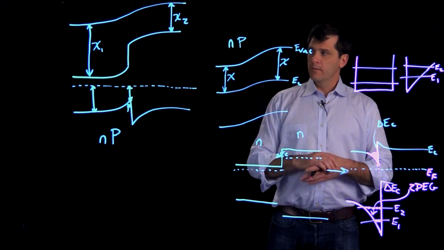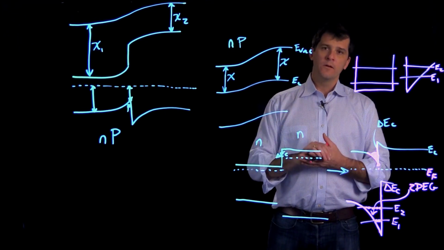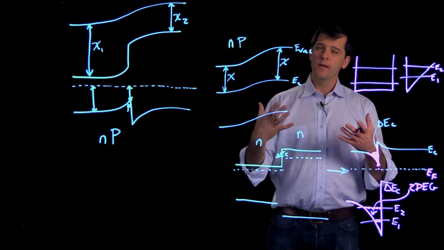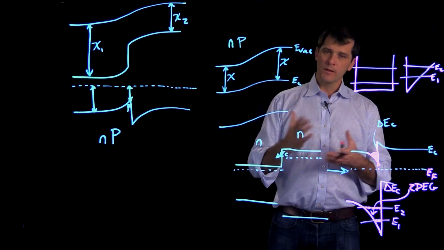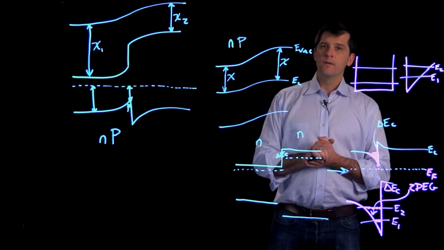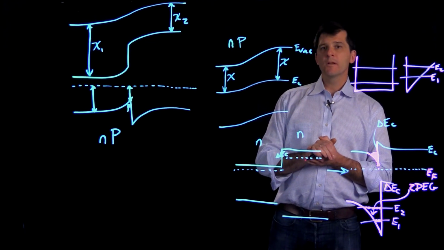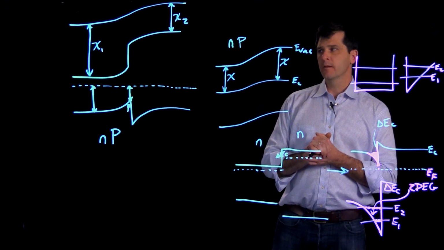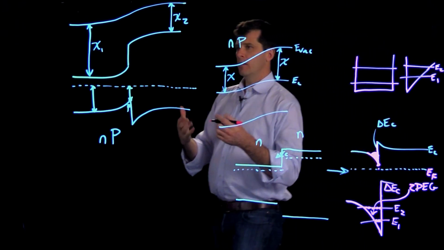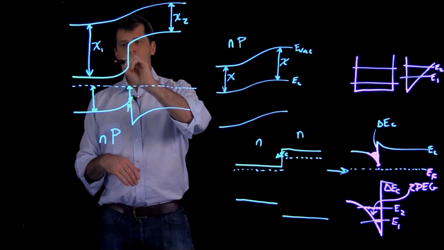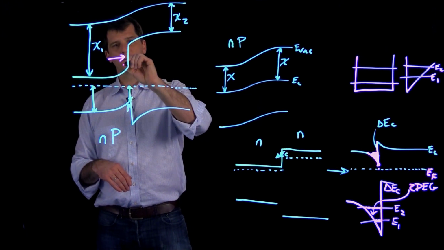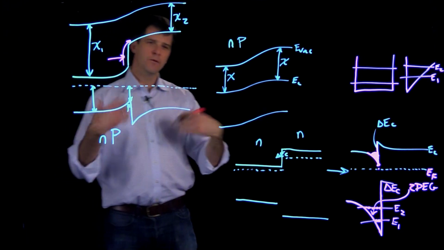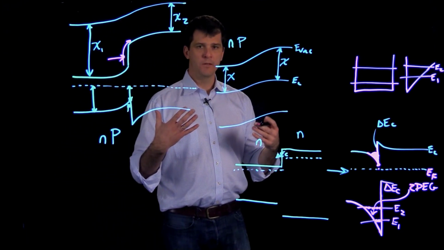And then finally, the behavior under applied bias in terms of current is a bit more complicated when it comes to semiconductor heterojunctions. There are some components you can imagine trying to flow current this way with electrons. You would have to overcome this barrier. So there are aspects of thermionic emission.